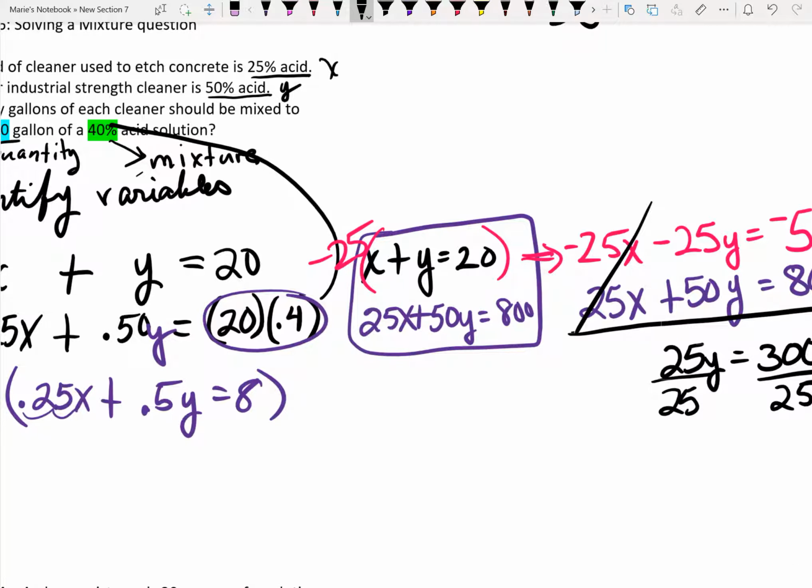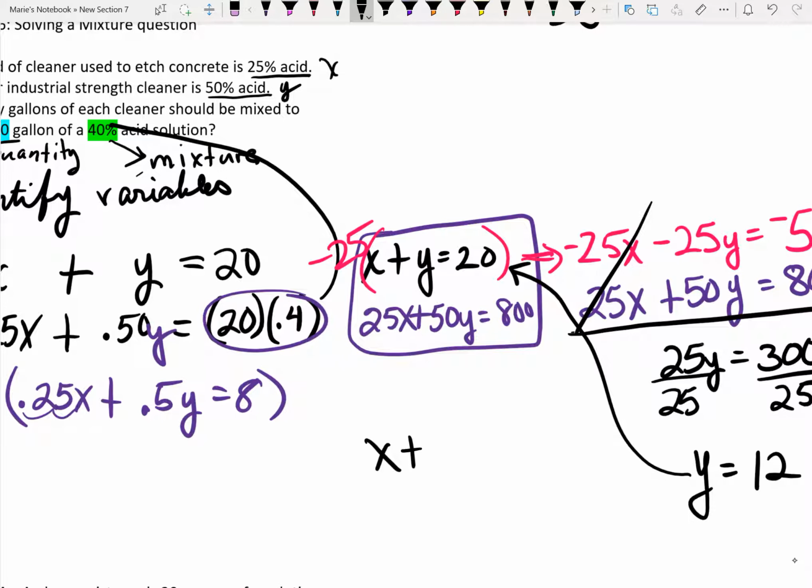And so in this case we find out that y is equal to 12. Alright, and so we need to come back here.